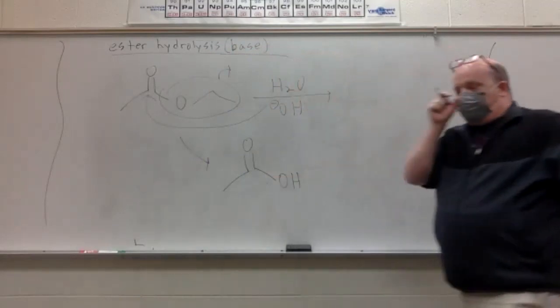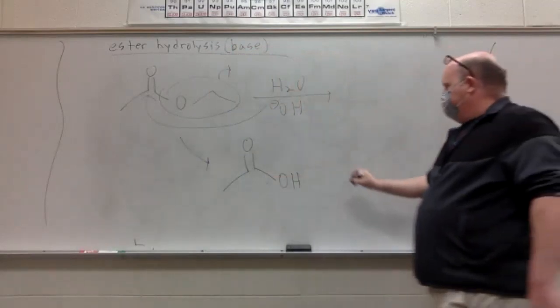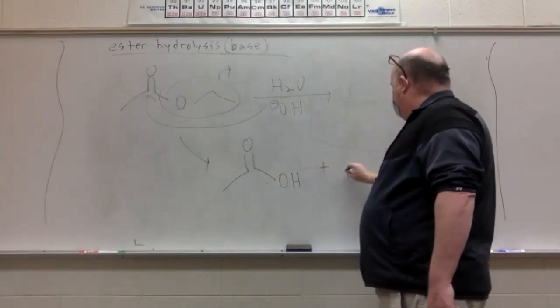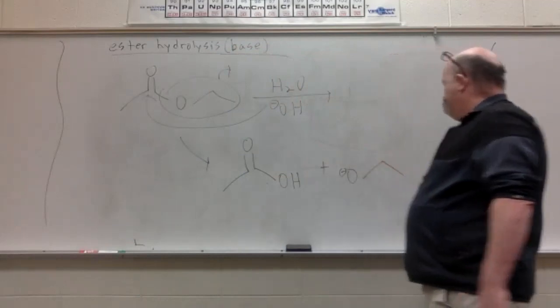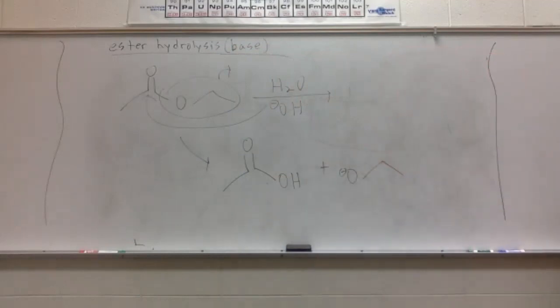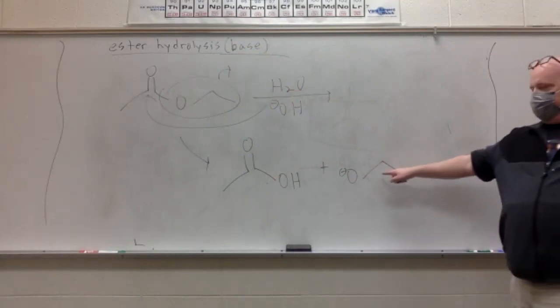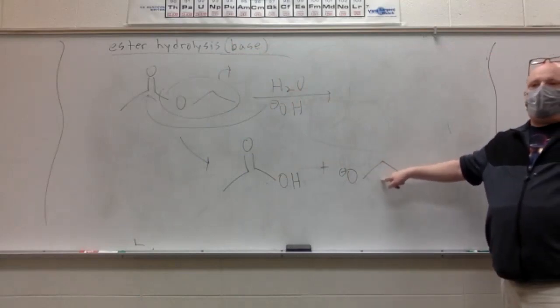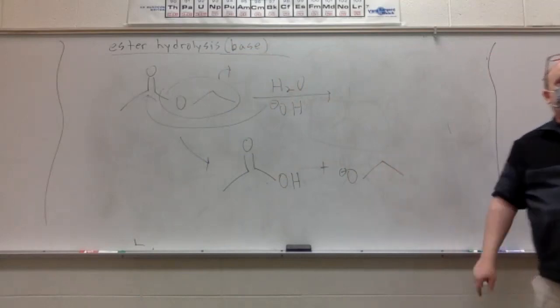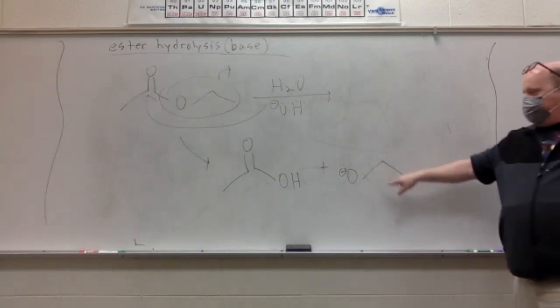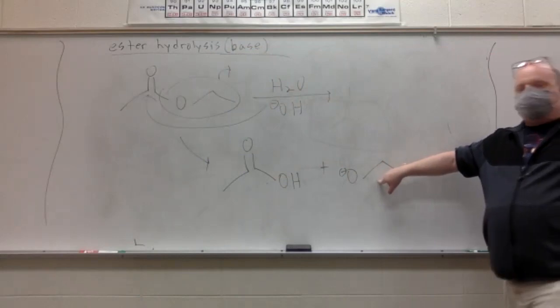So that produces a carboxylic acid and an OR minus group here, in this case, O ethyl minus. Now, one thing about this species right here, any OR minus, is pretty strongly basic. So you have a pretty strong base here.